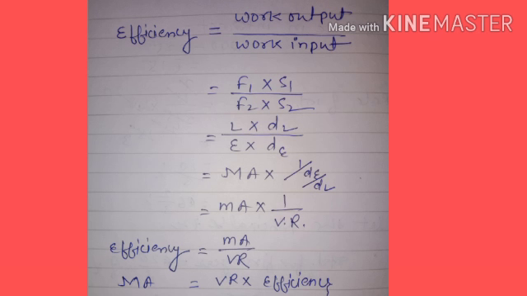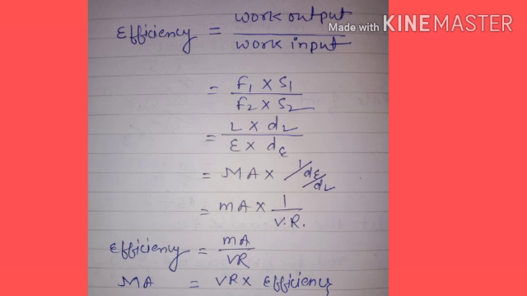Here F1 is actually the load and S1 is the displacement covered by the load. On the other hand, F2 is effort and S2 is the displacement covered by effort.